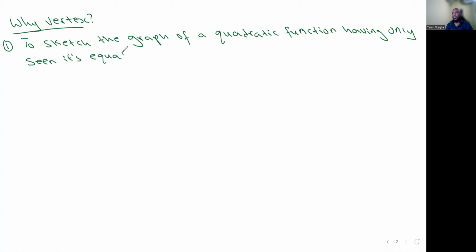Based on the equation, you can determine the vertex, or even if you are given a few points, you can also determine what the vertex is, and therefore you can now sketch the graph, all right?